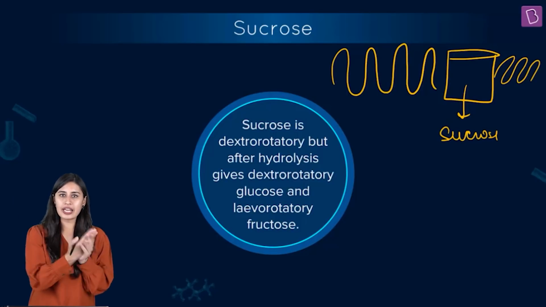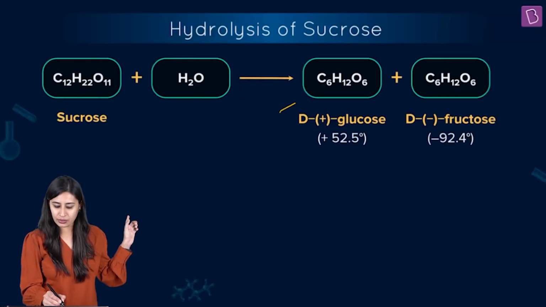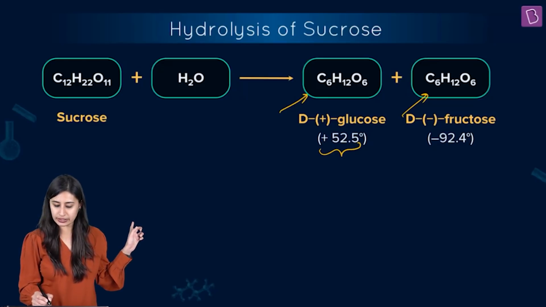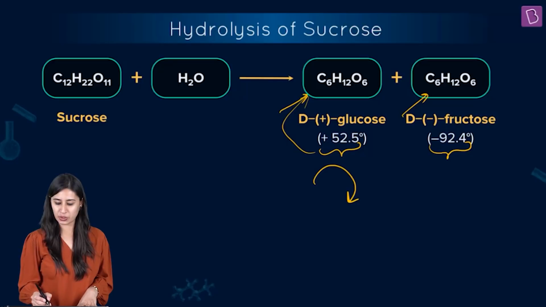But after the hydrolysis has happened, please see what we have got is a glucose and a fructose, and also observe the angle of rotations here, plus 52.5 degree for glucose. So it's a clockwise rotation that has happened for glucose, and the fructose produces anti-clockwise rotation.